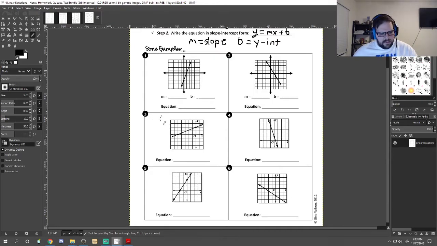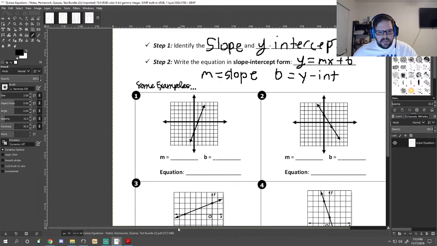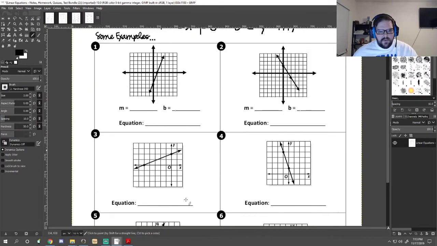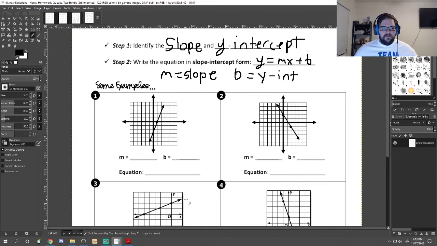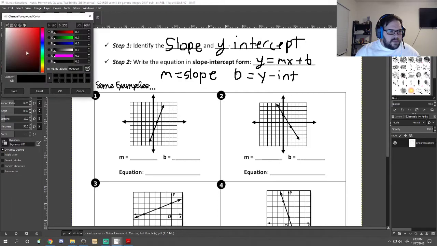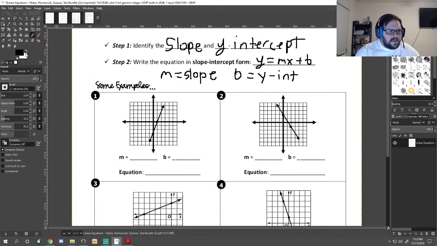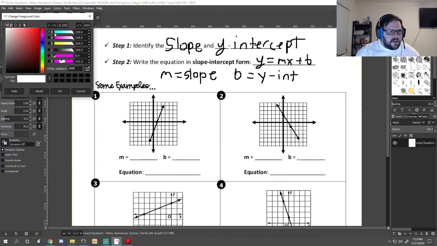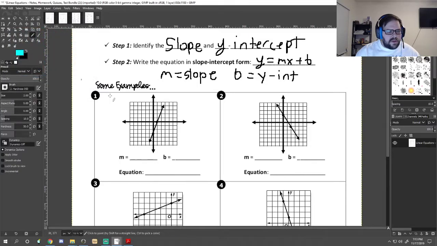So here are some examples. I'm going to zoom in just a little bit to get a better view. So number one, we're looking for the slope. The way I can find the slope, let me do it in a bluish color, is we find our 2 points.